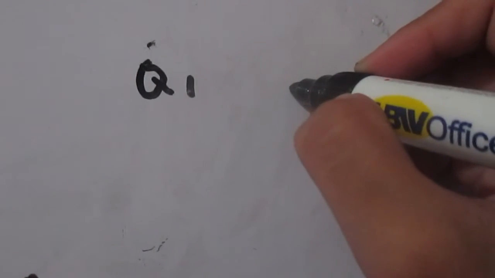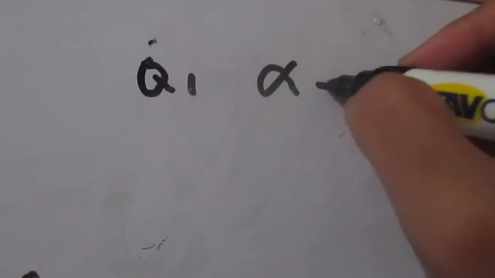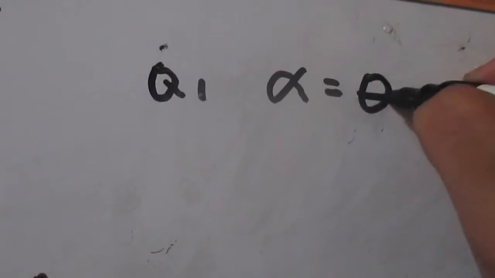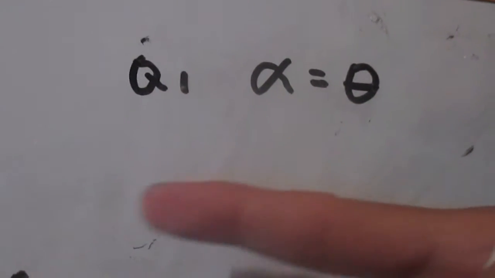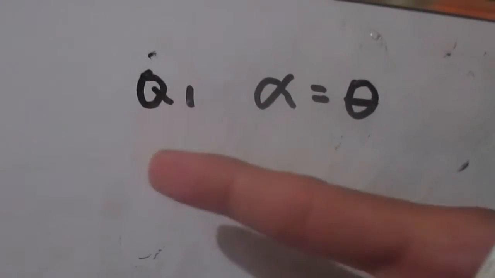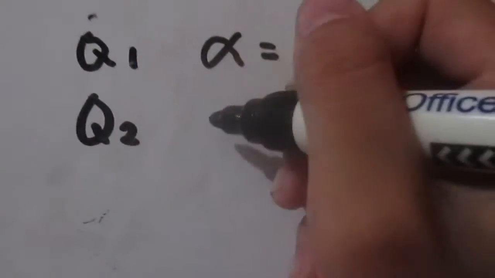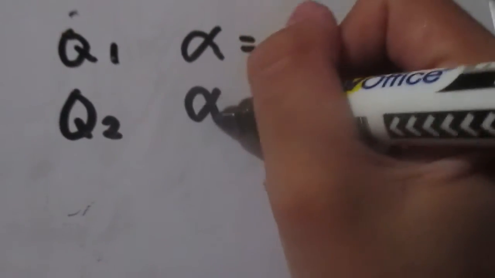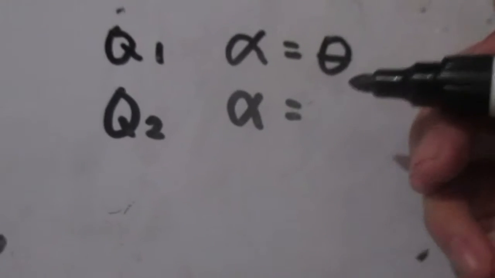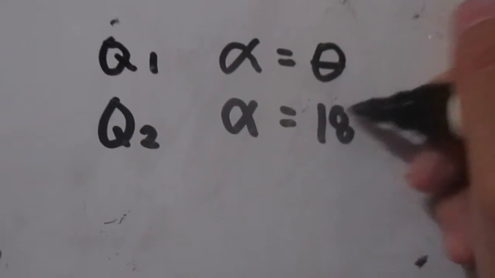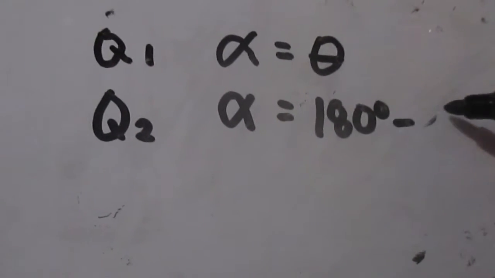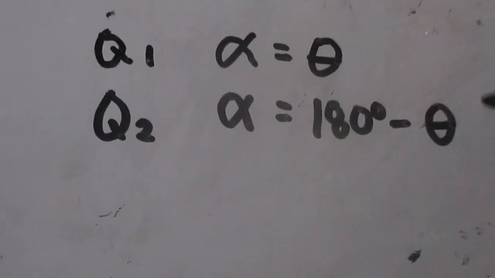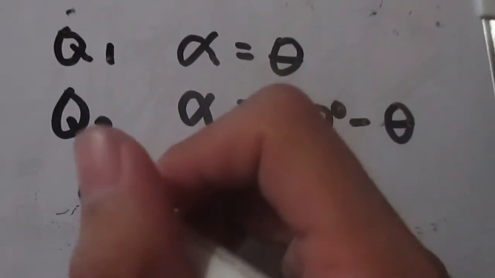And the measurement of the reference angle in quadrant 1 is equal to theta, the angle in quadrant 1. And for quadrant 2, the reference angle is equal to 180 degrees minus theta, the angle in quadrant 2.